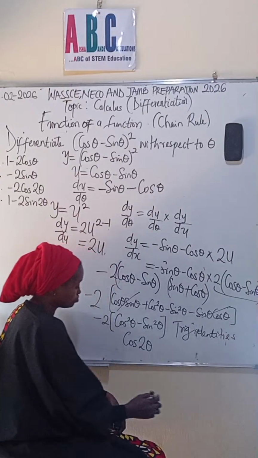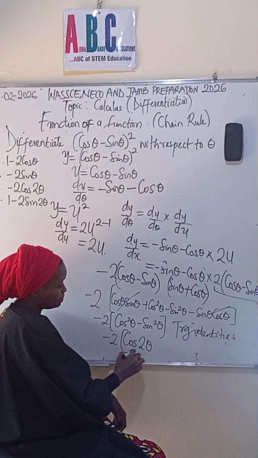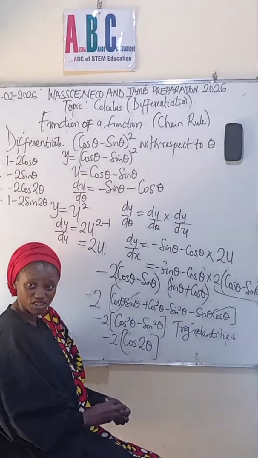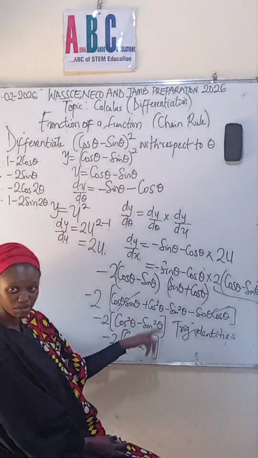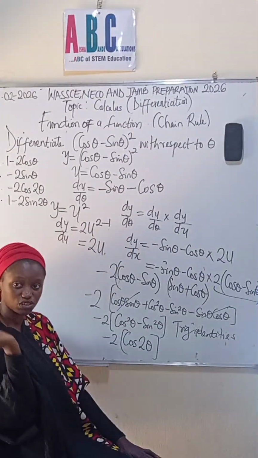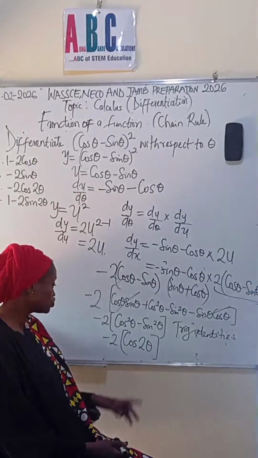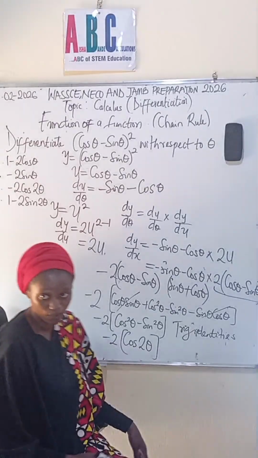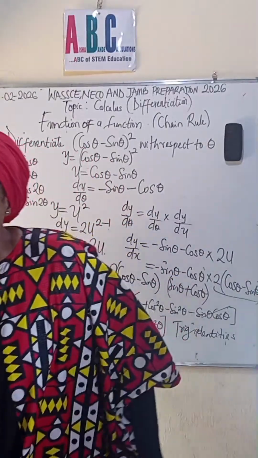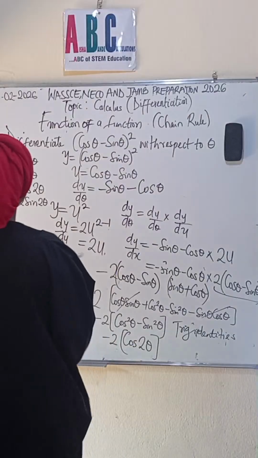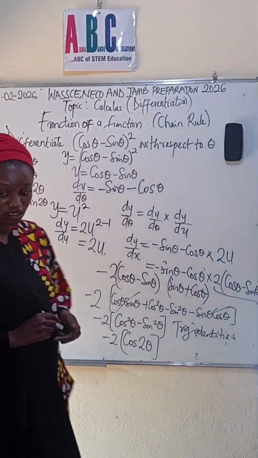Yes. You can just tell them to go and learn trig identity. There was a time I explained some of these identities and posted them on my page as images. So the answer is minus 2 cos 2 theta. That means our final answer is option C. Yes, option C is the correct answer.